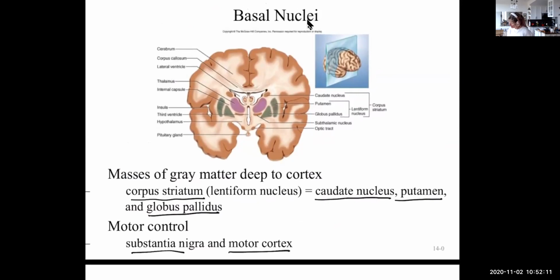So they're involved in motor control, the basal nuclei. And damage to this region can result in tremors as well.